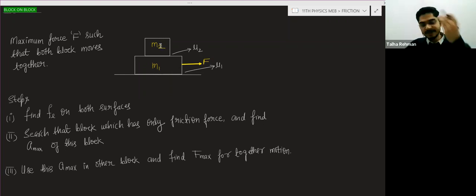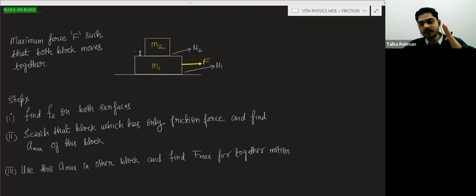I will explain in the next class. So we have selected the block which has only friction force, and after that find the maximum acceleration of this block. How do we find the maximum acceleration? By putting in the limiting friction force.